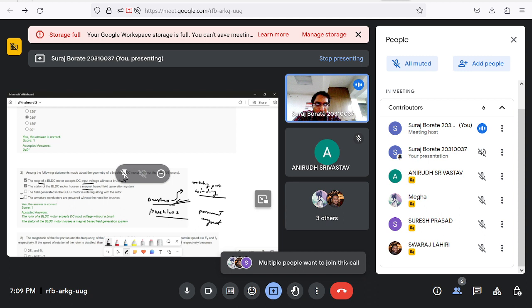In a DC motor we needed brushes because the rotor was rotating and housed the coils. We cannot attach wires to a rotating coil, otherwise the wire will get twisted and entangled. So we had a special arrangement called the commutator-brush assembly.